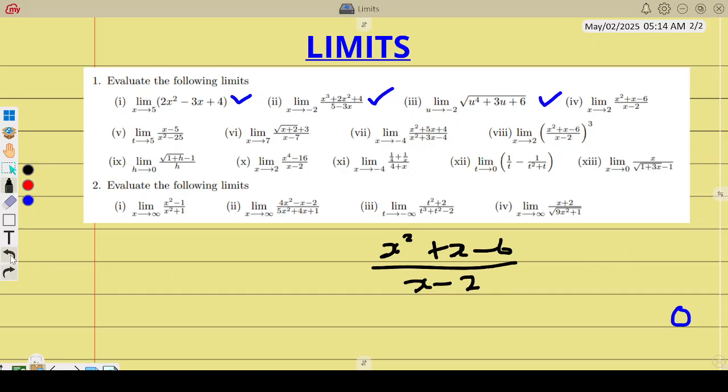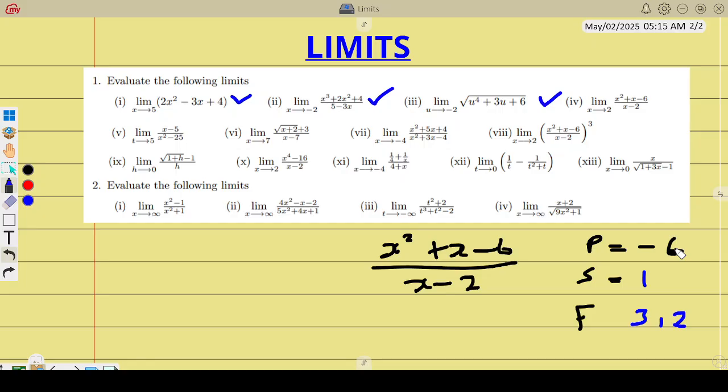What are the product, sum and factors of these terms? The product is -6, and the factors will be 2 and 3. The sum is 1.